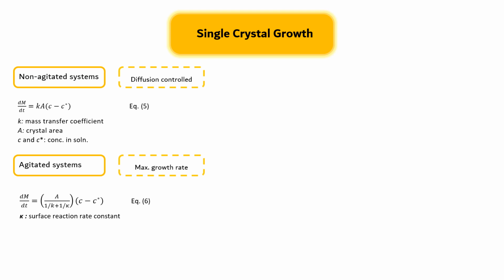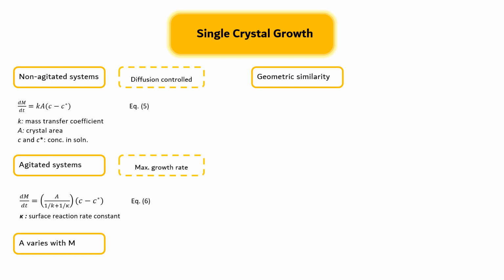Rate equations like this are difficult to use because the crystal area A varies with the crystal mass m. We cannot connect these quantities unless the crystals maintain geometric similarity during growth. That is, if any length remains in a constant ratio with all other lengths.